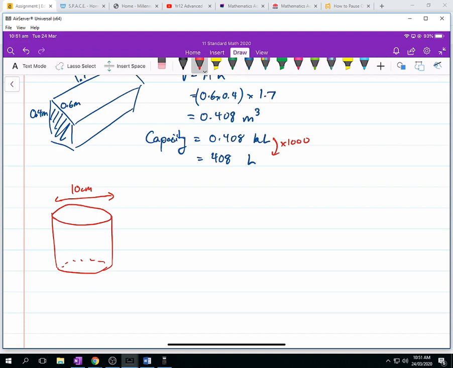I think the can's maybe about 6 centimeters diameter, just looking at the ruler now. So that's 6 centimeter diameter, and the height of the can may be about 11 centimeters high.